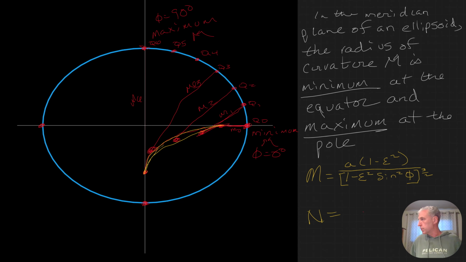That was a over 1 minus epsilon squared sine squared phi to the 1/2.